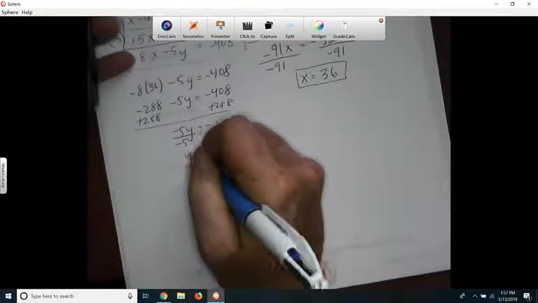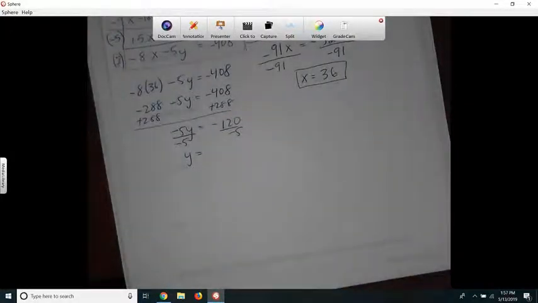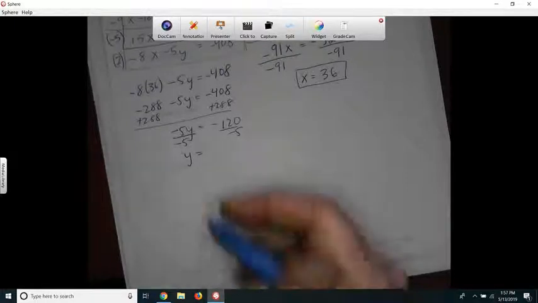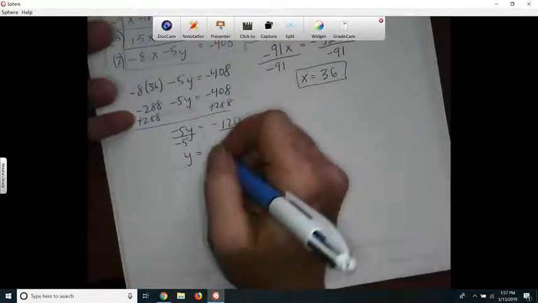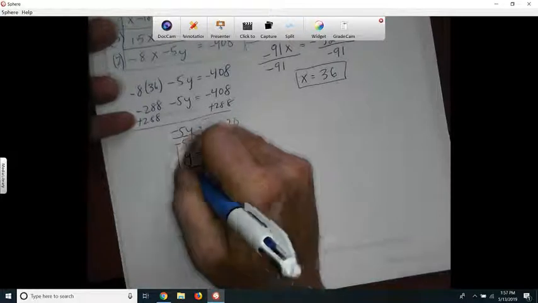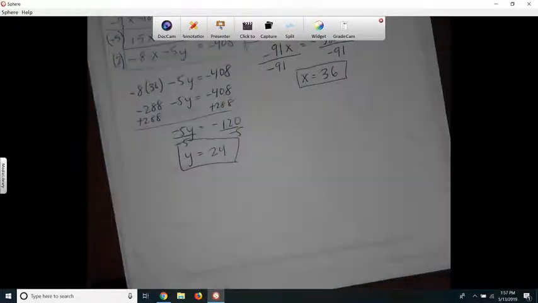So y, let's see, divided by, I think y is 24. So let's check that. Okay, y is 24.